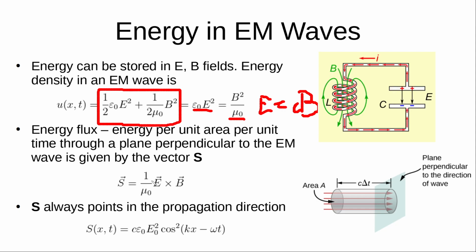And if we think about the direction of the electric and magnetic fields in a wave and use our right-hand rule, we can see that the cross product of these will always point in the propagation direction of the electromagnetic wave.